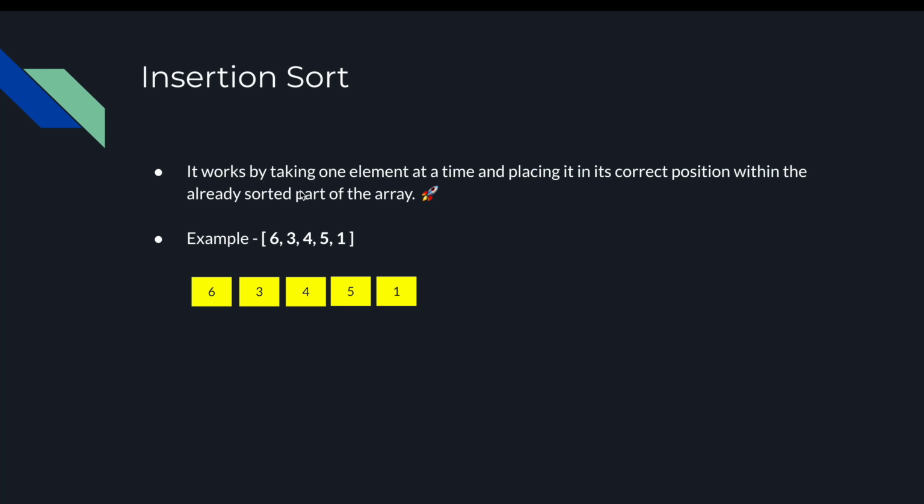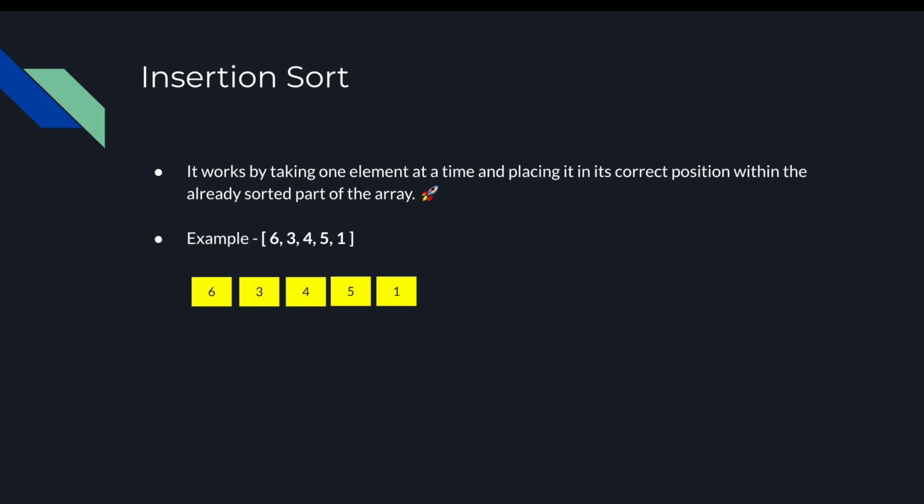Insertion sort works by taking one element at a time and placing it in its correct position within the already sorted part of the array. Meaning, we will assume there are two parts of the array, one is the sorted part and the other one is the unsorted part. And all we need to do is pick one element from the unsorted part and compare it with all the elements of your sorted part and find out which location will be suited for this element and insert it in that correct position.